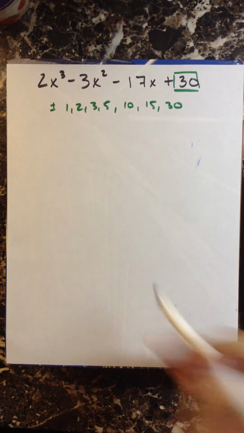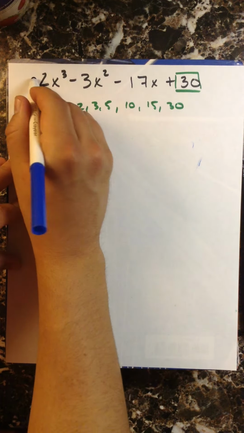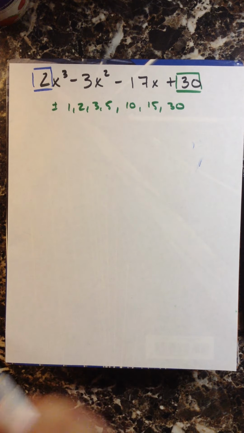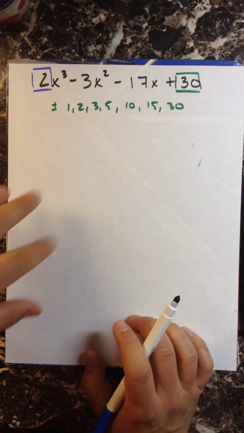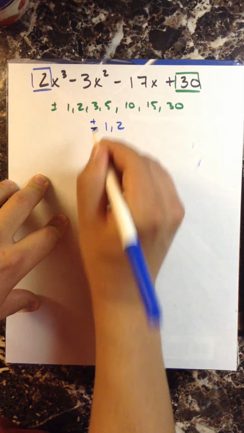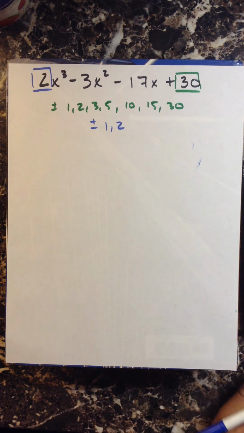Now here's the kicker, the way we adjust for the leading coefficient. So what we have to do is find all the factors of our leading coefficient. Now this one's an easy one because it's 2, so we know we have 1 and 2 and obviously the positive or negative options. Now, here's the deal.